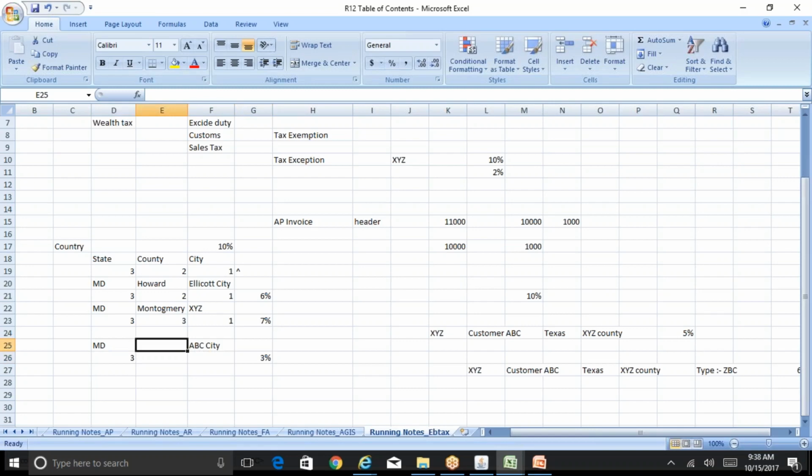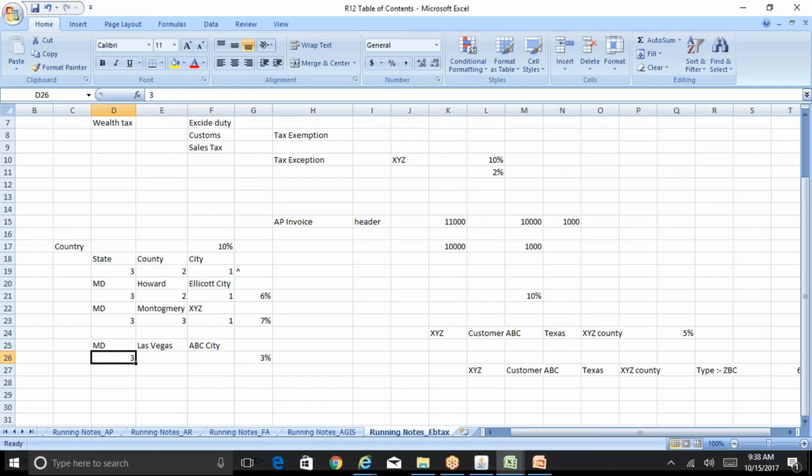Or say there is some state, like Las Vegas or some state, but for that particular state I did not mention any rate. So from a system perspective, the state is available, but the rate is not defined in your EB tax. In those cases, it will go for 3%. So in some cases it goes to exceptions, and in some cases it will calculate depending on whatever is available in the system. Did I answer your question?